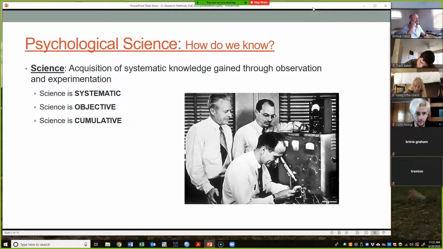For psychological science, the scientific method is our approach to trying to think critically about data and observations, and so how we can start to draw conclusions about different types of psychological phenomena of interest. This starts to become important too. In our history, oftentimes psychology is called a soft science, right?